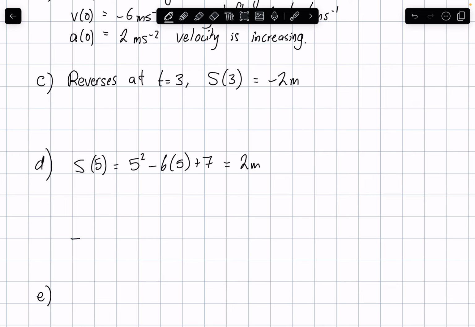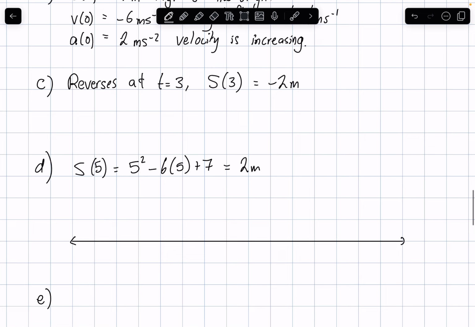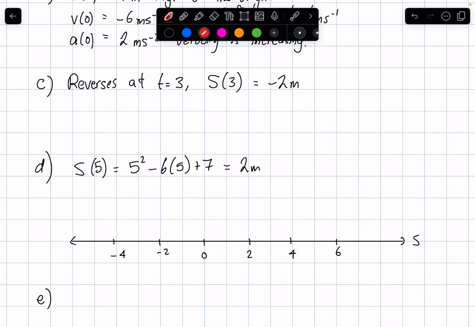So that gives me a bit of an idea of the scale I need for my displacement motion graph. Now, if I have 6 here, and I work my way back, there's my origin, and then I've got my left of the origin there. So I know I start at 7, all right? That's my starting point.